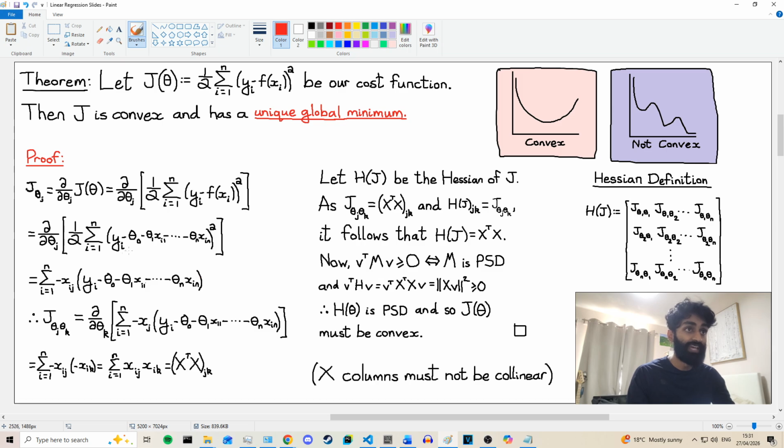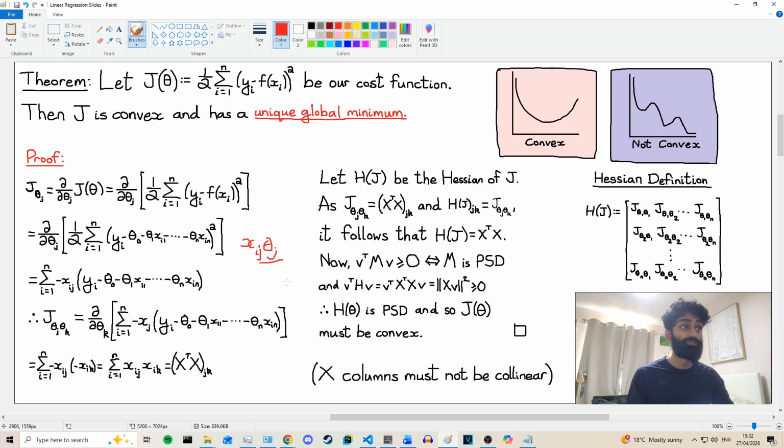So when we take the derivative of the inside of this bracket, every single variable is treated as constant, which means theta 0 is constant, theta 1 is constant, theta 1 x1 is constant, only theta j is not constant. So all of these terms, other than the theta j term, which is theta j xij in this term here, this is the only one which has a theta j, and so is the only non-constant term.